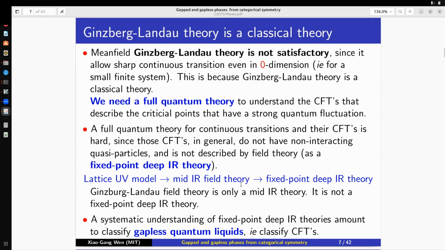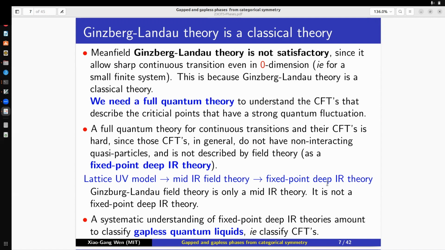After so many years of understanding what a field theory is, the field theory is also a critical theory, in a sense. If you ignore the interaction and just do free field theory, that's a gapless critical theory. Then the deep IR theory means that we turn on some kind of relevant direction. We flow from one critical theory described by a free field to another critical theory, for which we don't even have a weakly interacting field.